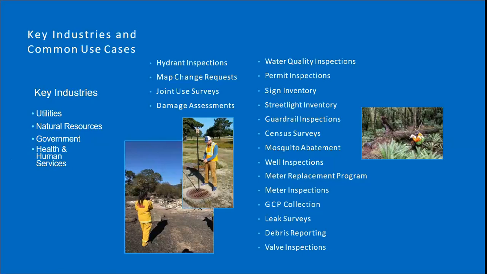Let's look at a few of them. Hydrant inspections, for example, where you want to do your inspection in terms of increasing your accuracy and completeness of your asset inventory. In terms of valve inspection, you want to ensure efficient asset performance while reducing risk of failing assets.